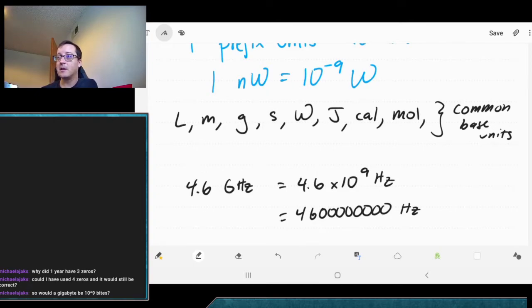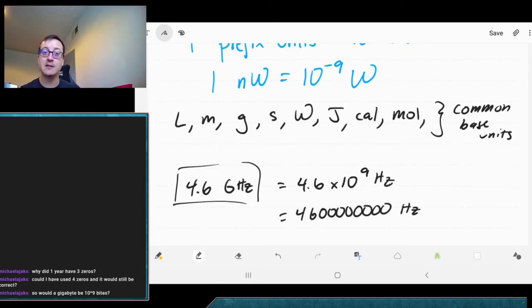But these prefixes allow us to say, I like this number. I don't have to have a lot of zeros. I don't have to have this power of 10. It's very easy for me to talk about this 4.6 gigahertz without having to count how many zeros there are and deal with that. So the purpose of these prefixes is to make it very easy for us to talk about very big or very small quantities.